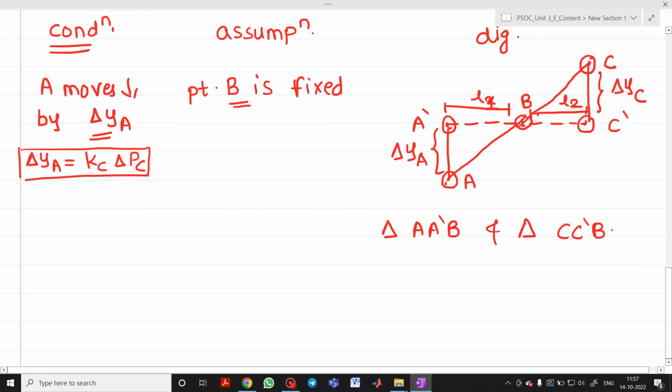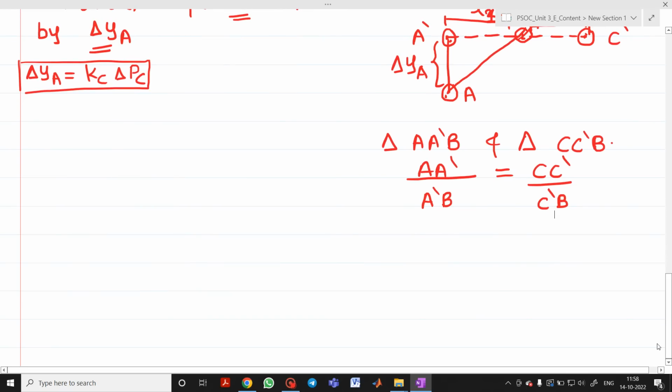So from these triangles, can I write like this? A A dash will be equal to C C dash, and A dash B will be equal to C dash B. This is basic. Already we have seen how to use the property of a triangle.